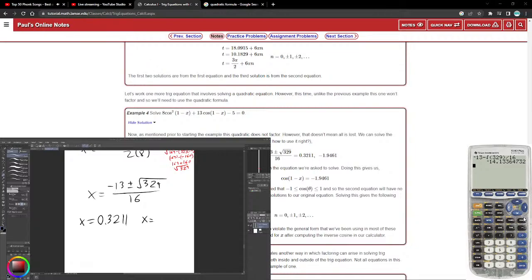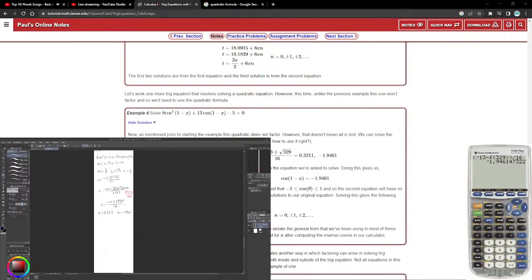Yeah, I gotta use parentheses. -13 minus square root of 329 end parentheses divided by 16. -1.9461. -1.9461. And then 0.3211. Okay.